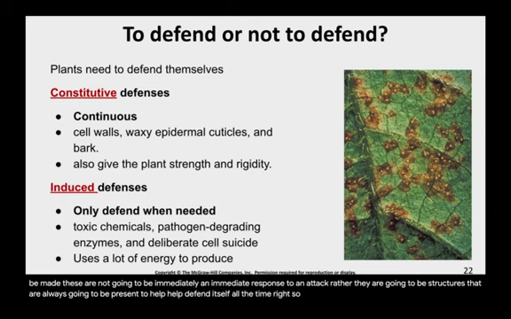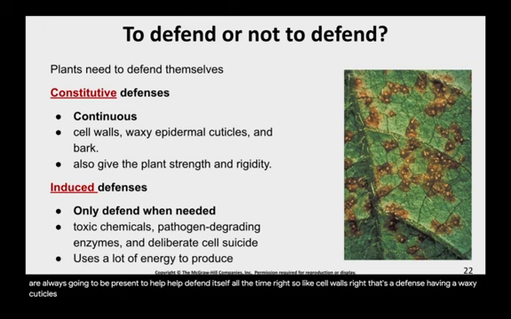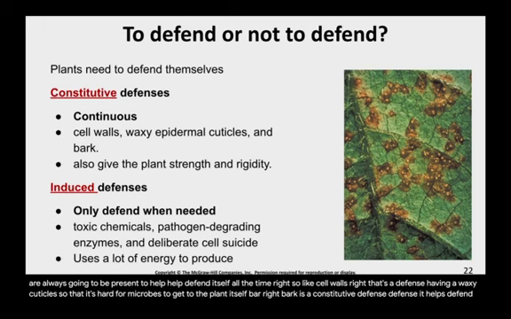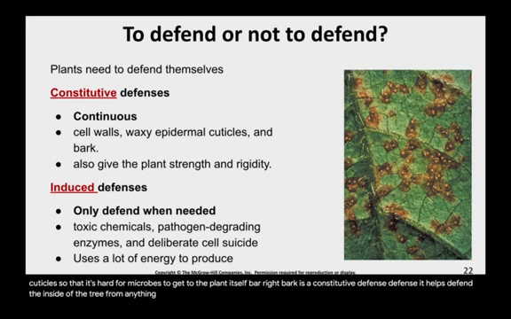So, like cell walls, that's a defense. Having waxy cuticles, or really thick cuticles, so that it's hard for microbes to get to the plant itself. Bark is a constitutive defense, right? It helps defend the inside of the tree from anything getting to those precious growing cells.